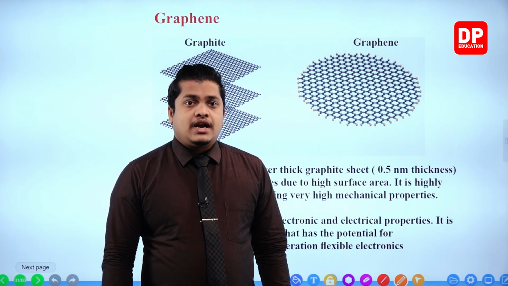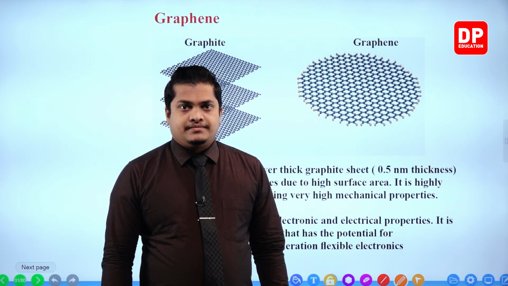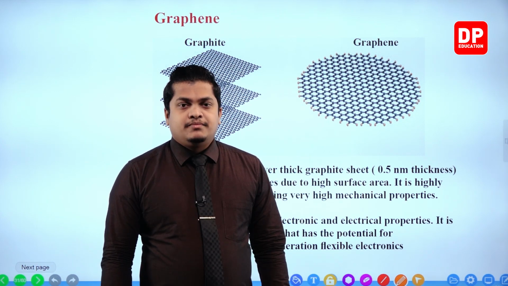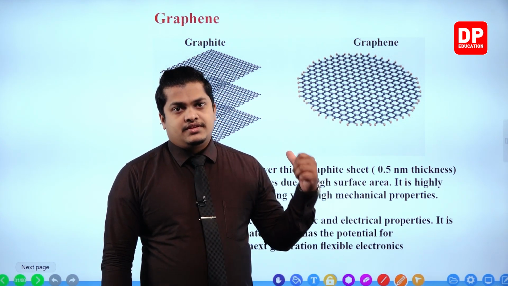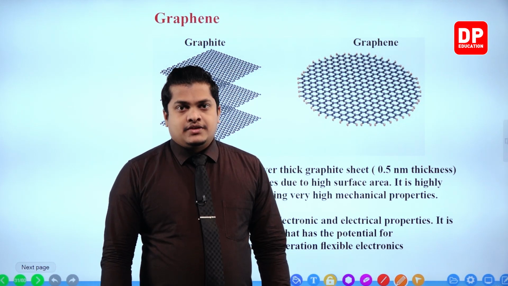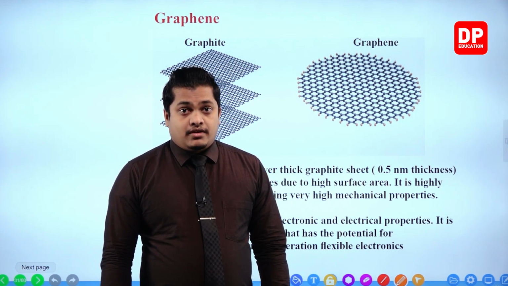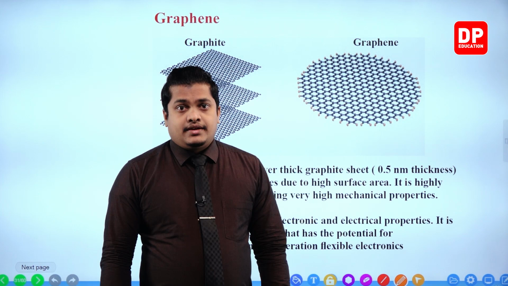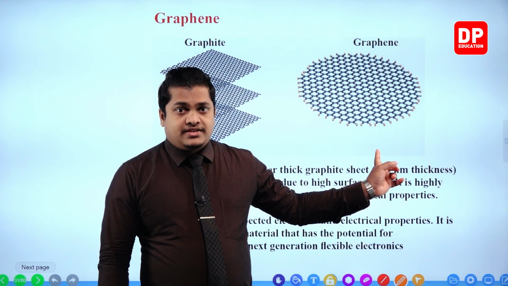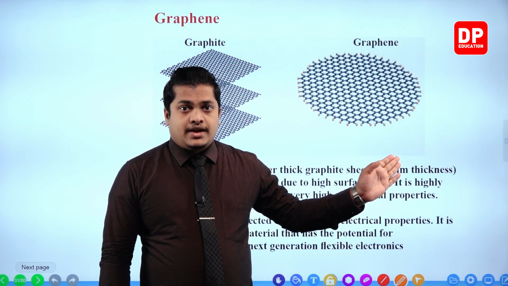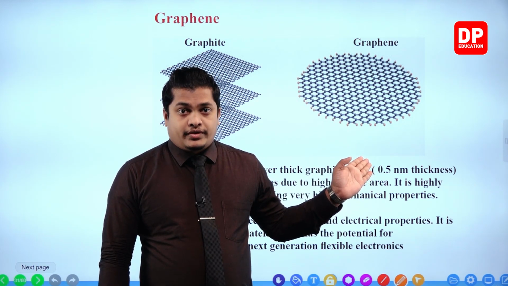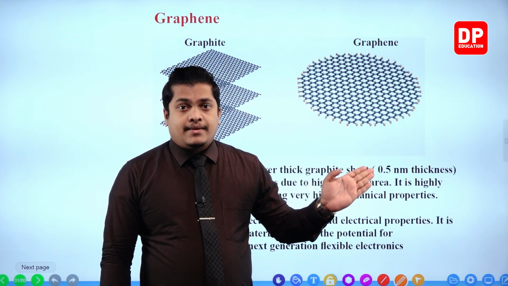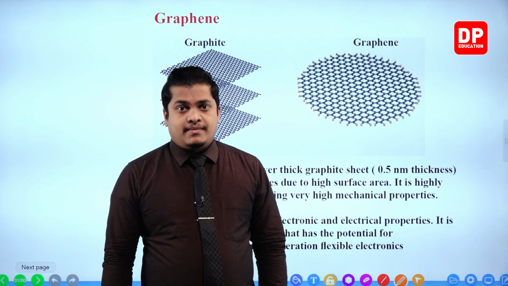All of these things are now a reality, mainly because of this graphene. I told you that this is flexible. It has also been observed that graphene shows unexpected conducting abilities of electricity.